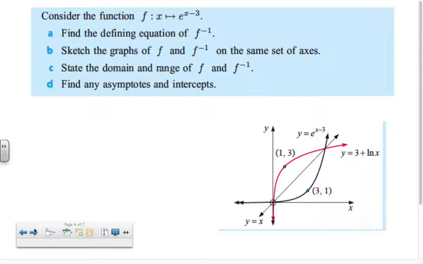So we're going to find the inverse first. We'll go y equals e to the x minus 3. We're going to swap them: x equals e to the y minus 3.